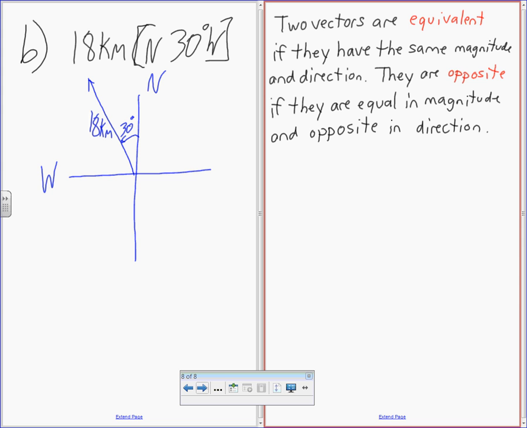Example 2. Okay, this is a parallelogram.